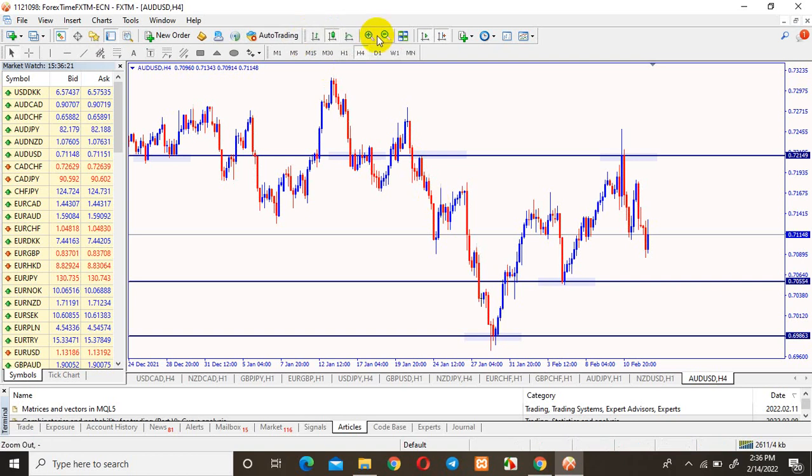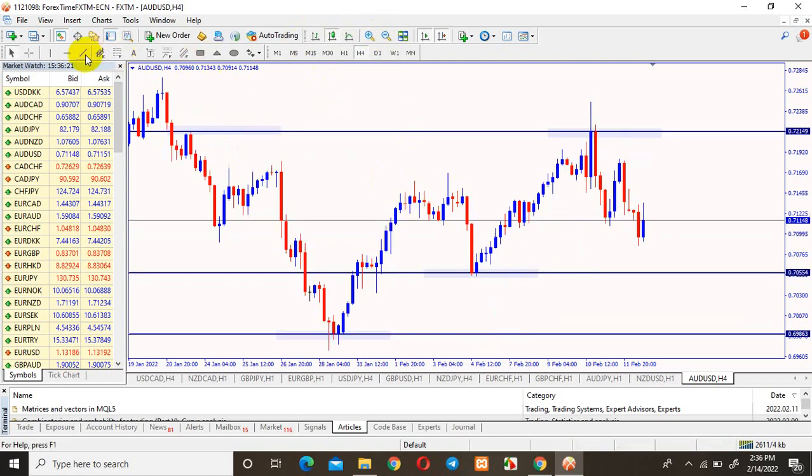On my candlestick chart, I can see that price has made a nice move here. Look at this. Price has made a nice move here, giving me a nice trend line. In my trend line, we can notice we have a touch here.